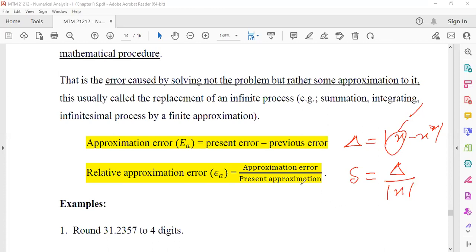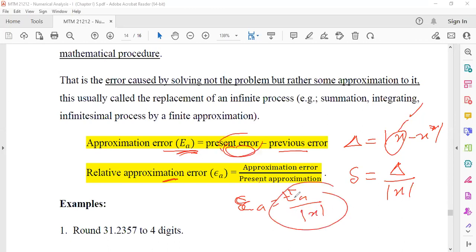Likewise, our approximation error will be present minus previous. The relative one, epsilon a, is equal to this error, let's say E_a, divided by the present value. This is how we find the relative.